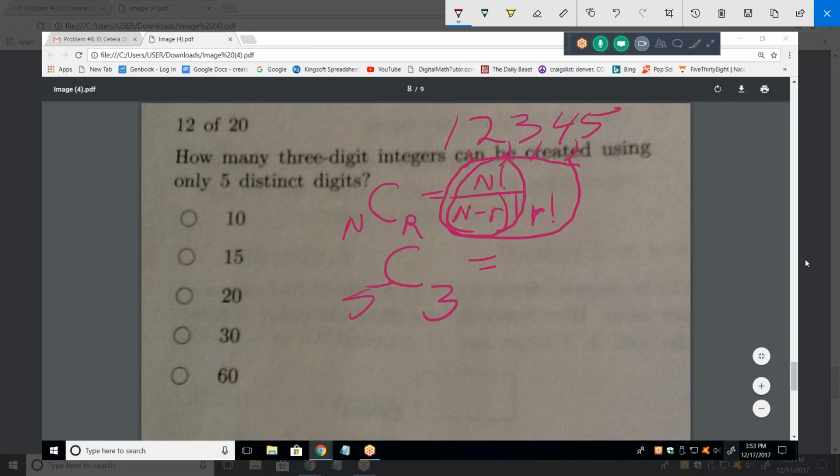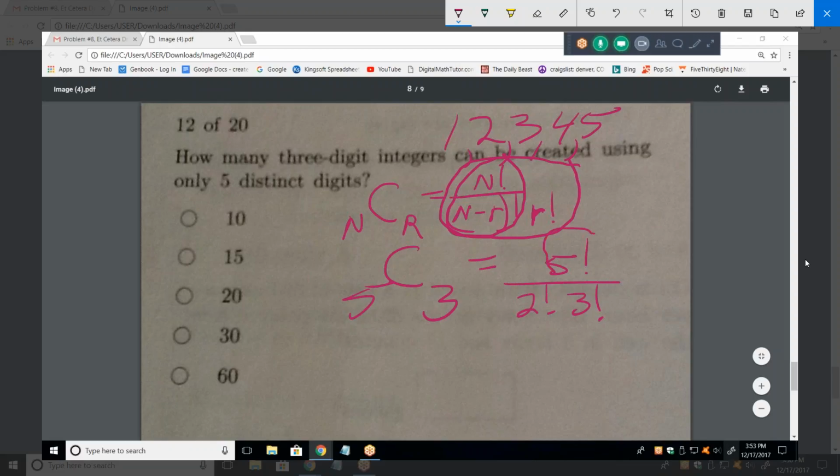So this is 5 factorial divided by 2 factorial times 3 factorial. What is that number? 5 times 4 times 3 times 2 times 1, divided by 2 times 1 and 3 times 2 times 1. That would be 10? Yep.